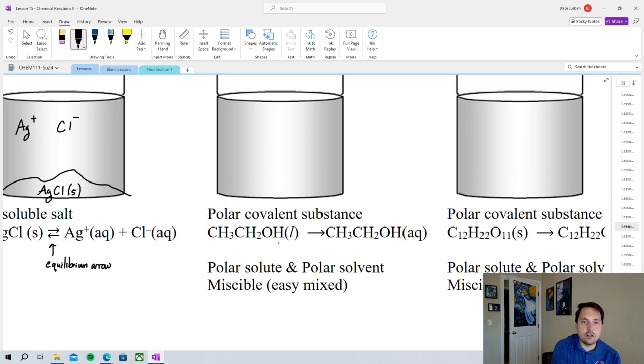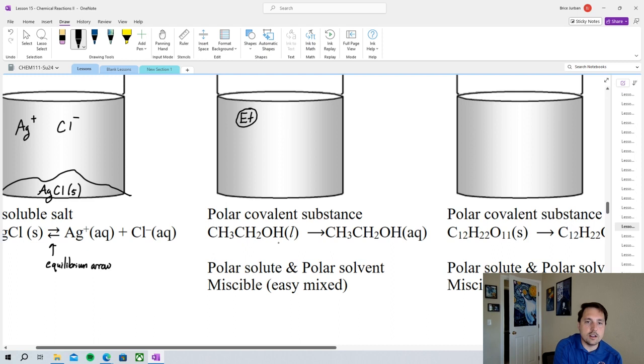And one way that we can draw this is by simply drawing ethanol here as a circle, showing that the ethanol is mixed well with the water, which is that gray substance.